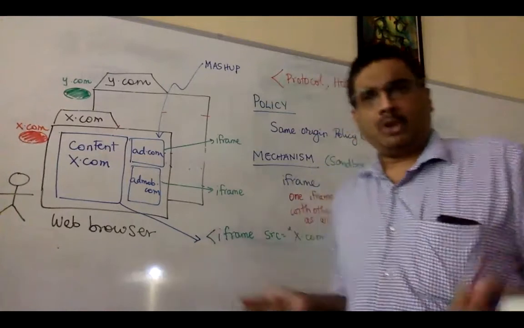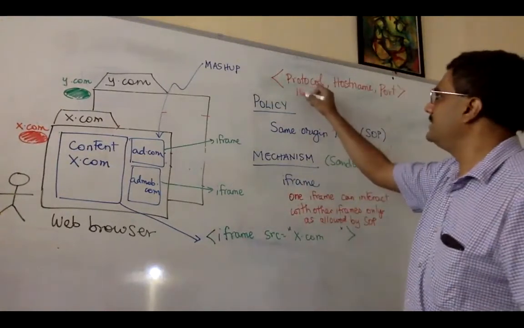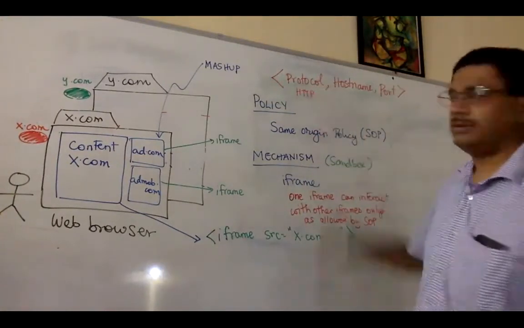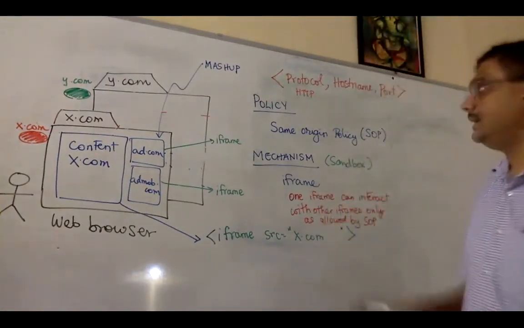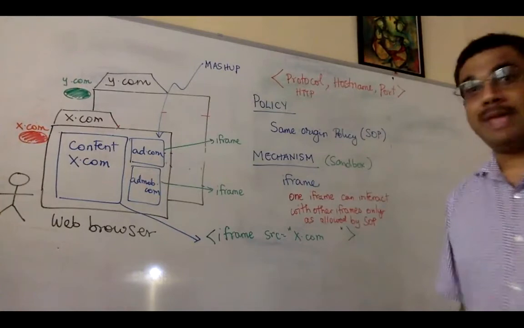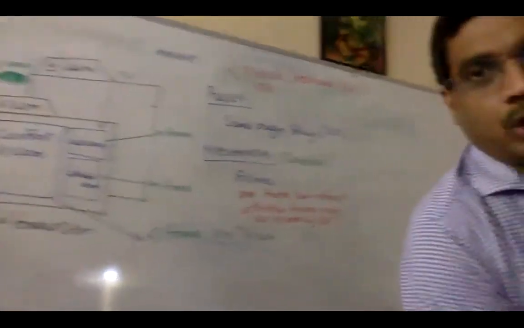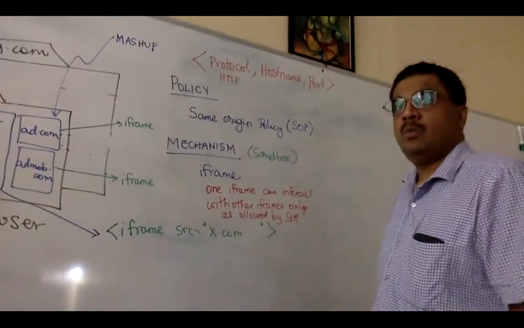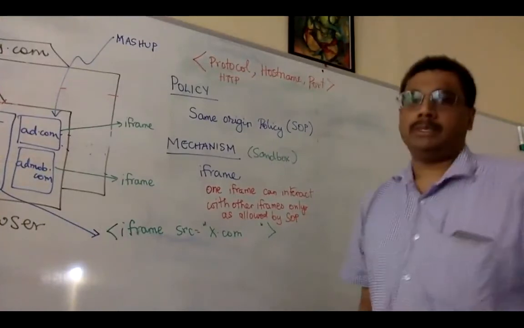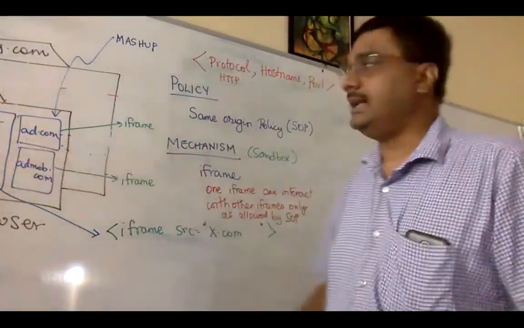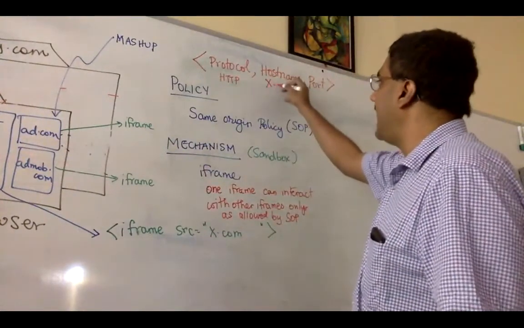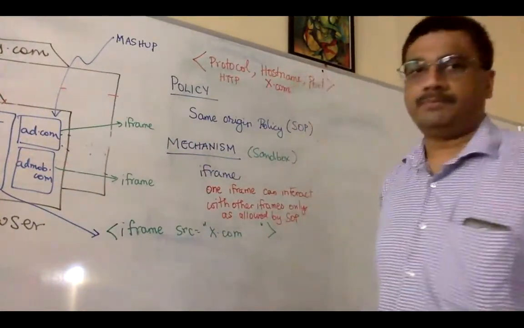So the protocol, if you're just using HTTP, is just HTTP. It could be HTTPS, for example, in which case that is what it will be. It could be FTP. Whatever protocol you choose, the web content is going to be tagged with the protocol. It's going to be tagged with a host name. So, for example, the content in x.com will be tagged with the host name x.com.